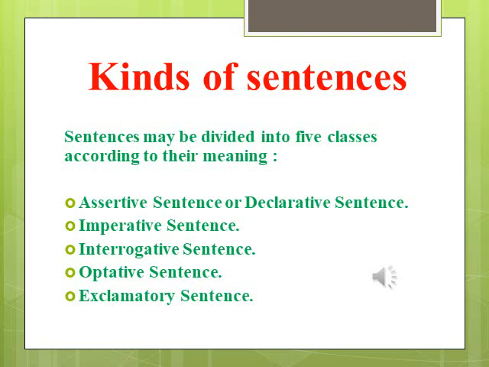Number 2 is the imperative sentence. Number 3 is the interrogative sentence. Next, we have the optative sentence. And the last kind of sentence we have in the English language is the exclamatory sentence.